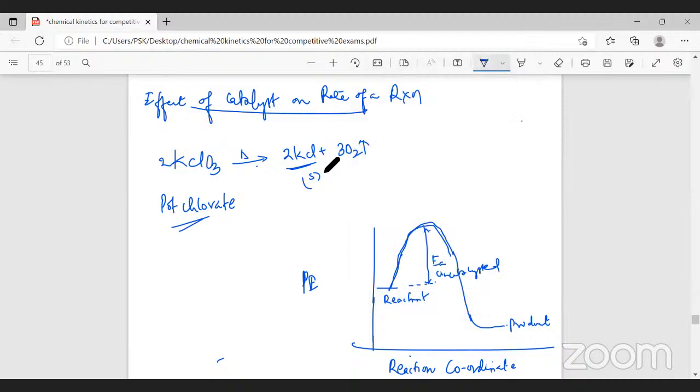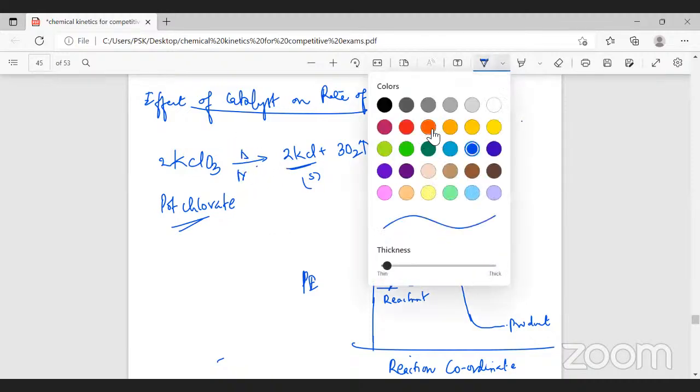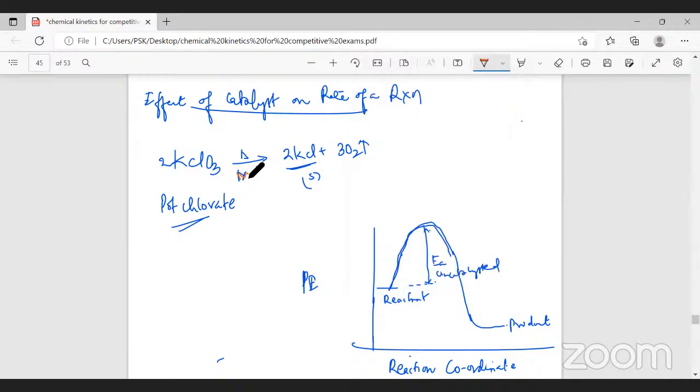Now the same reaction, if you perform it in the presence of a catalyst, MnO2, manganese dioxide, at 40 to 45 degrees Celsius it will decompose. Meaning the same reactants, in the presence of a catalyst, take a different reaction path.